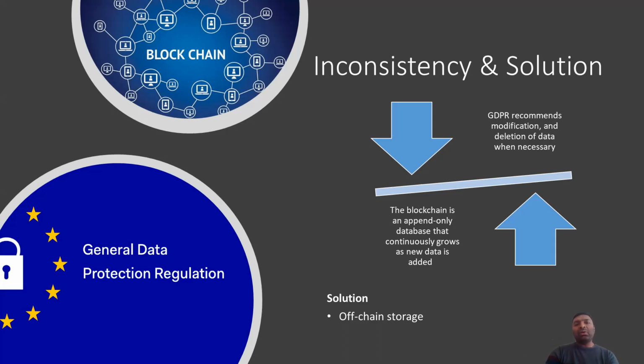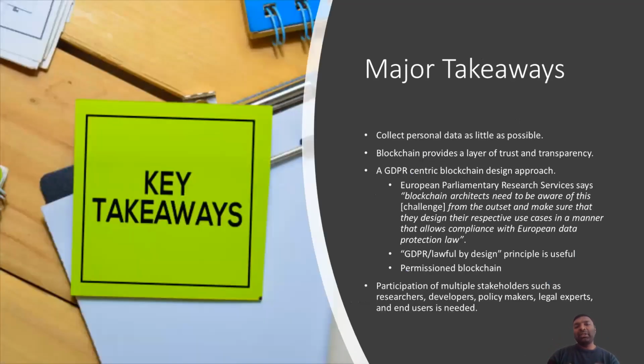So the major takeaways from this are that, of course, when you design some kind of information system, you need to collect personal data as little as possible. So that's the classic one. But we can also see that blockchain possibly provides a layer of trust and transparency for the citizens.